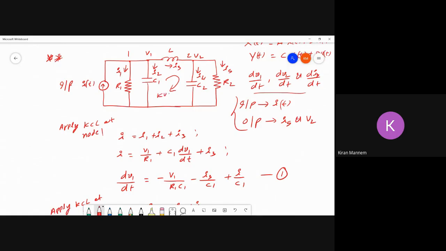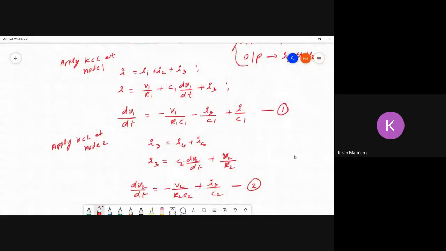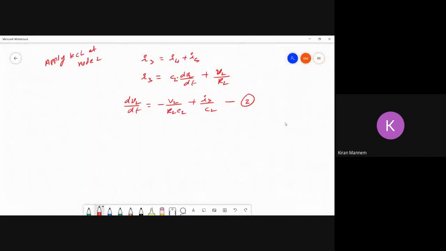Apply KVL for this loop. So it would be the voltage across the inductor.